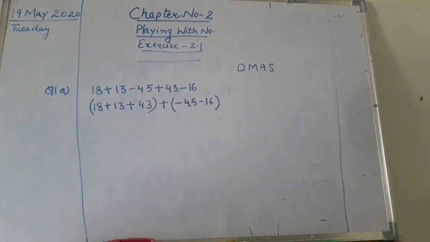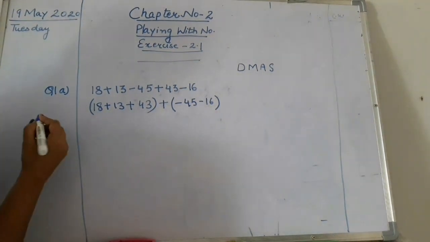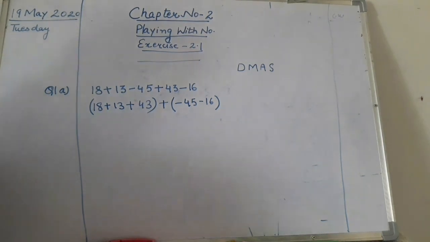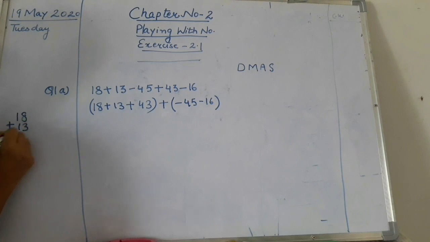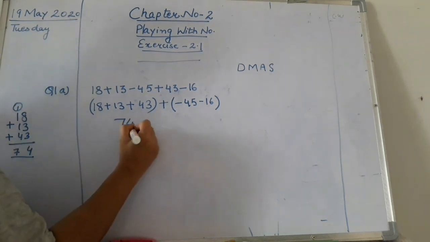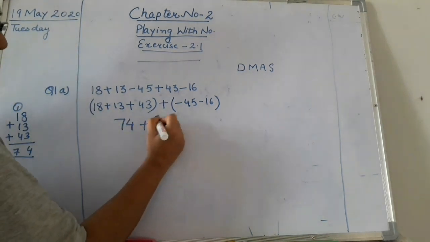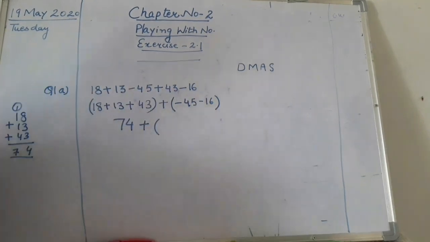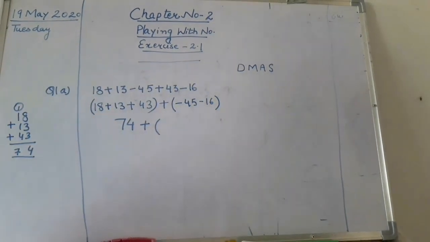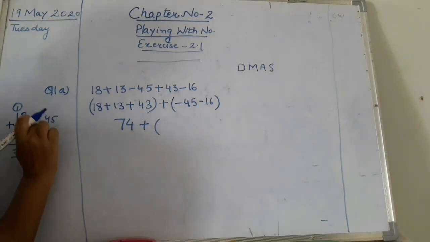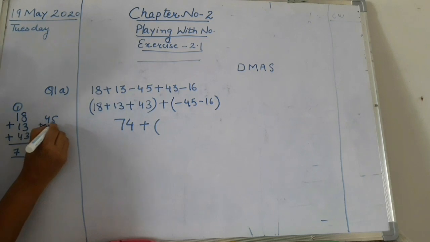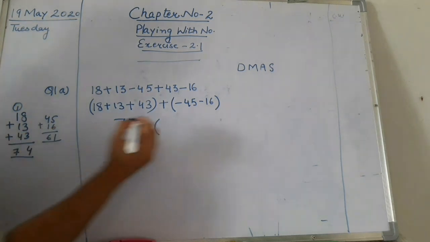Now solve this. What will you get? 18 plus 13 plus 43, you will get the sum as 74. Right? So your sum is 74. Plus minus 45 minus 16: here you have to add them, 45 plus 16, what will you get? 61.